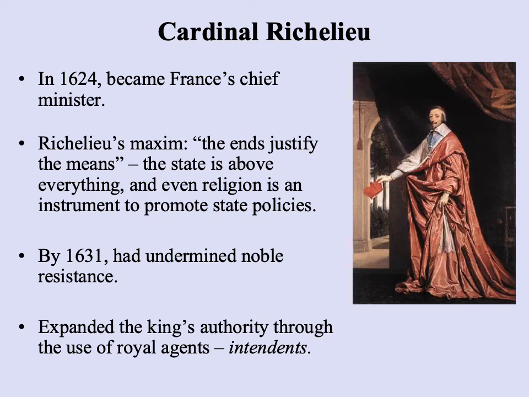Wealthy commoners, individuals who would not have dual loyalties, divided between their loyalty to the king and his interests and the loyalty to their noble family and its interests in the provinces. So Richelieu, very effective.